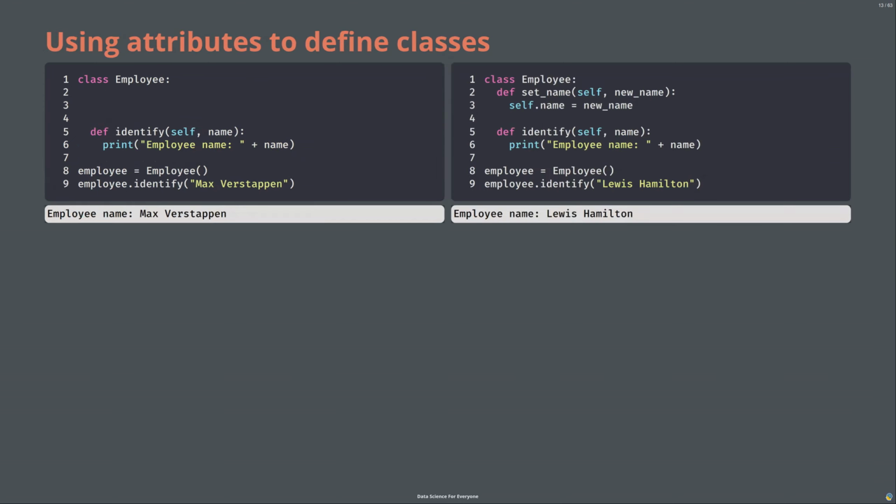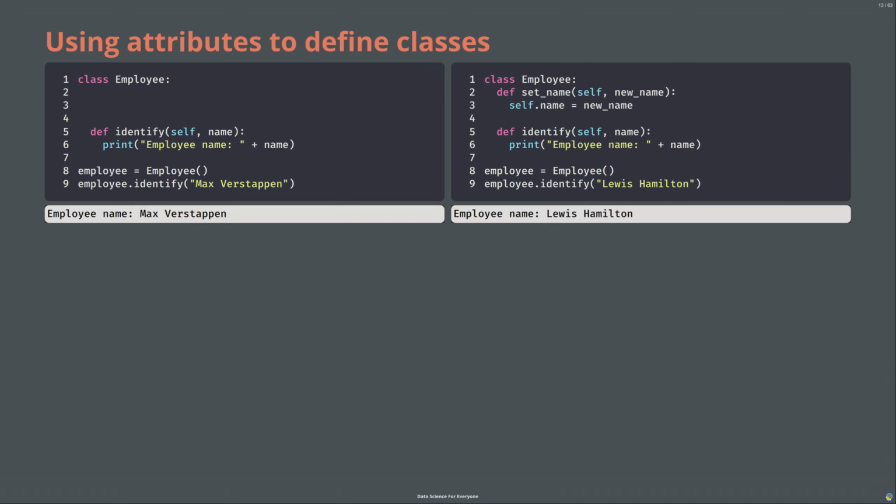With the name attribute in place, we can now make our identify method more efficient and meaningful. Instead of passing a name every time we call identify, we first use the set_name method to store the name directly inside the object. Then, inside identify, we access the stored name using self.name.